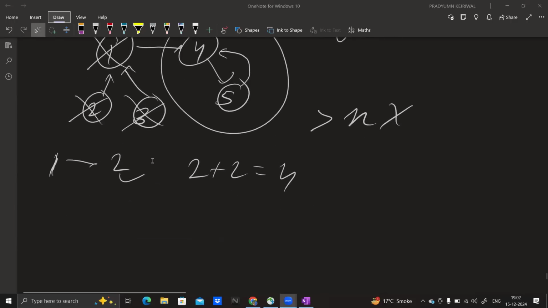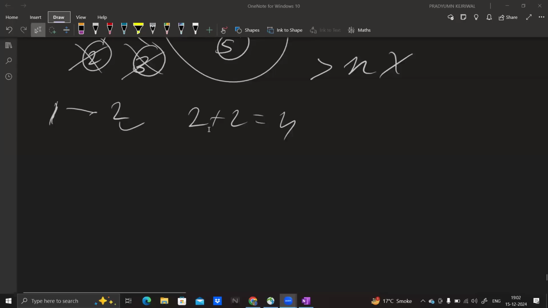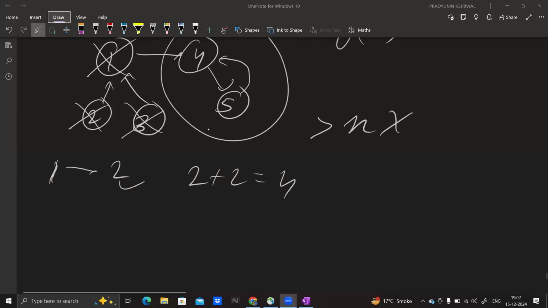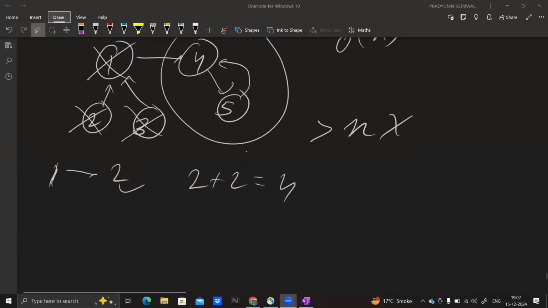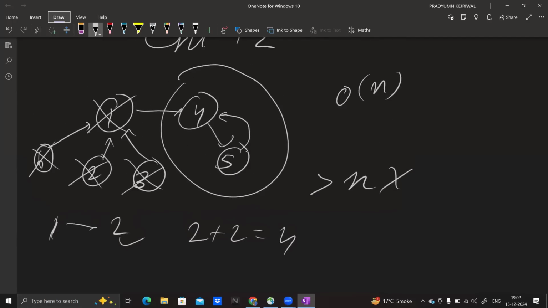What if there is a node 6 with 1 in this graph? Okay, so let's say there was a node 6. So in that case, 6, 2, and 3, all of them would be deleted in the first iteration. After that, 1 would be deleted. So the answer would be 2 plus 2, which is 4.